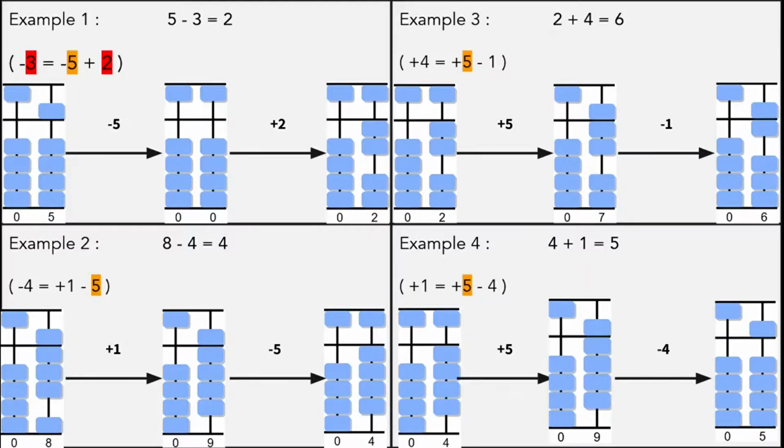For the next example, example 2, we have 8 minus 4. We realize that there aren't enough 1 bits to subtract. There are only 3 1 bits in the number 8. So therefore, we have to make use of the concept of complementary numbers again. We can manipulate minus 4 into minus 5 plus 1.